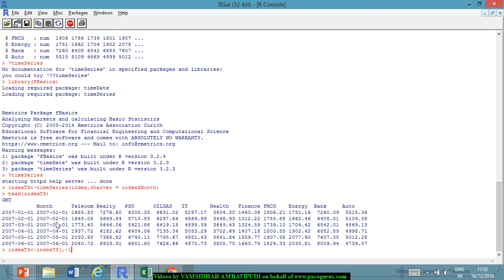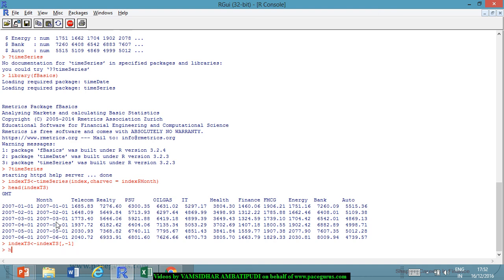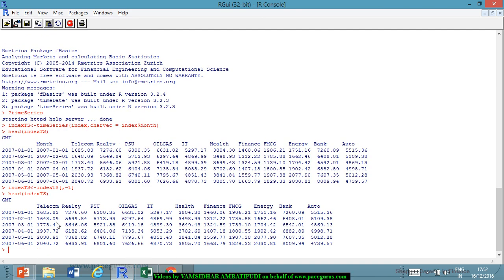I don't want the first column, so I'll take that. So based on that, now I'm looking at index ts. Yes, this is working out in this way. I got the dates out here. So these are my index values now, and I see these are my sectors, and for them I have the values. Now I can very well find out the returns as well.